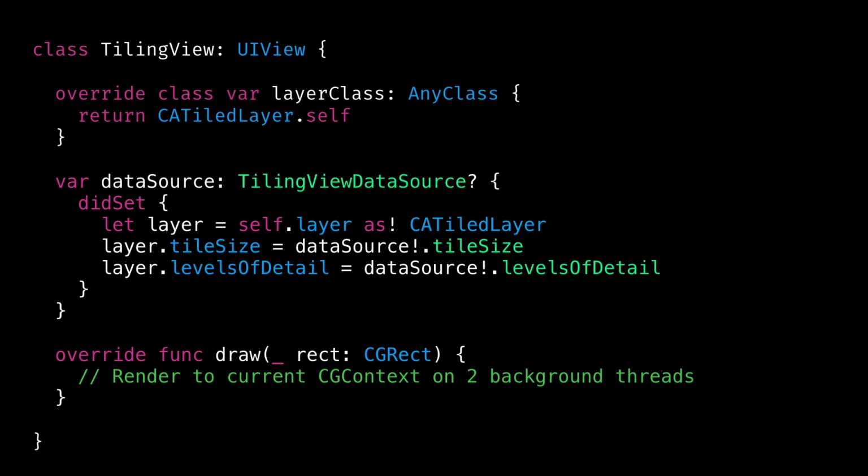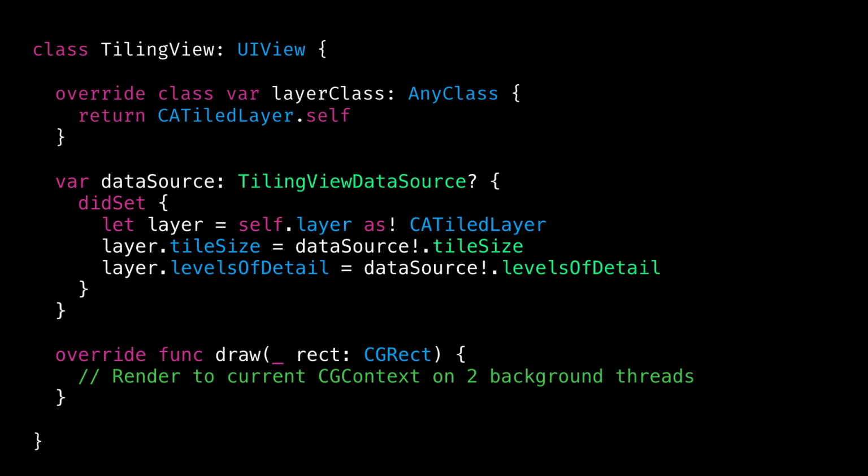Create a subclass of UIView and override the layer class property to say that this view is backed by a CA tiled layer. The CA tiled layer has 2 properties we need to set: tile size and levels of detail. The tile size is 512 by 512 in our example, and the levels of detail is 6.